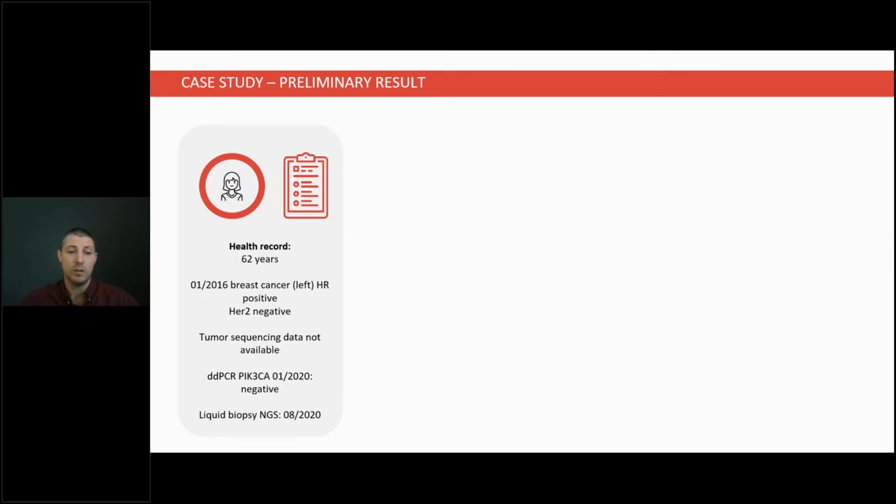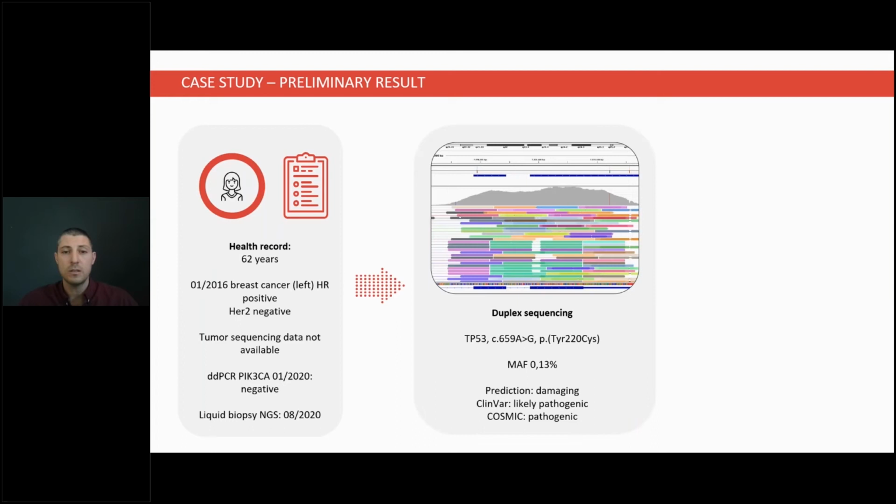So we used our new liquid biopsy NGS panel in August, and by duplex sequencing we could identify one suspicious variant in TP53 with a mutant allele frequency of 0.13%, which is very low, and of course this needs to be confirmed.